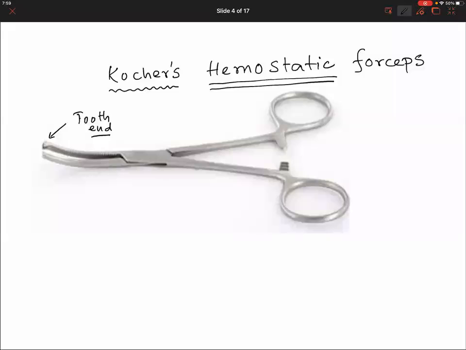We don't use this instrument anymore. Maybe this is used in cord clamping or umbilical cord clamp. In obstetrics, they use it for artificial rupture of membrane. In general surgery, I do not know what is the use. Maybe it is used in a mastectomy operation, or sometimes in an amputation.